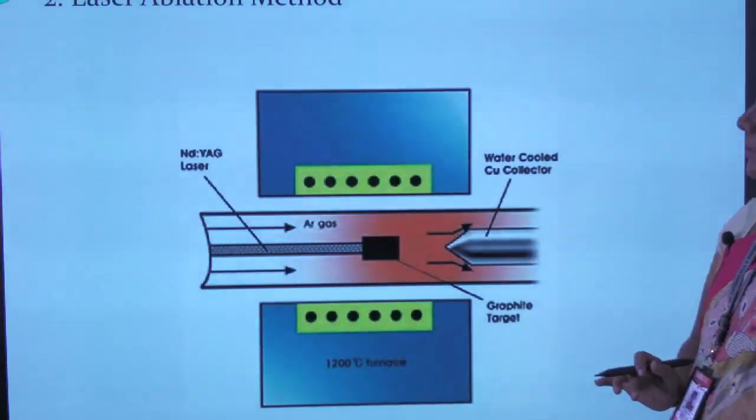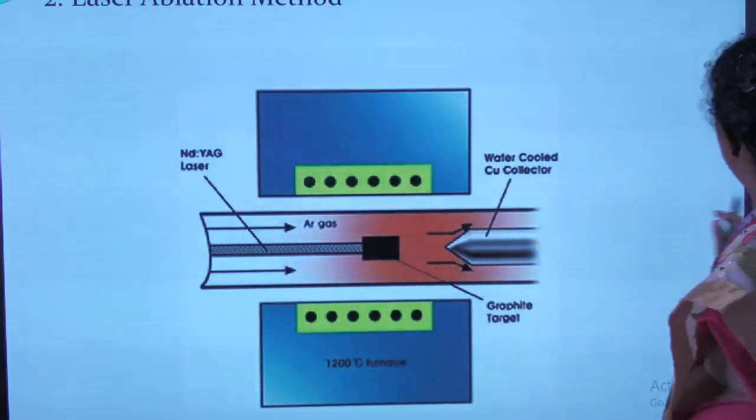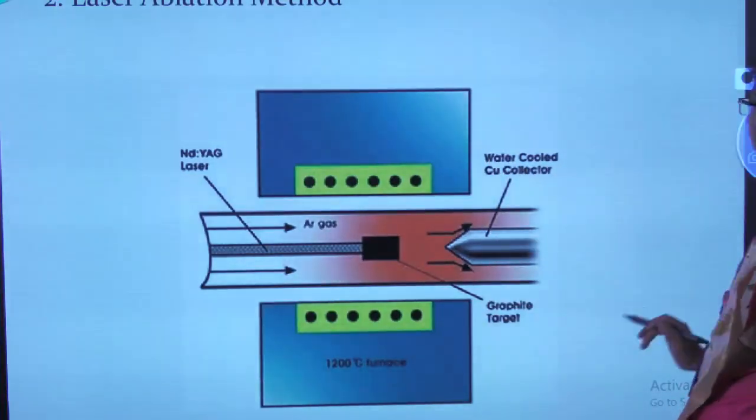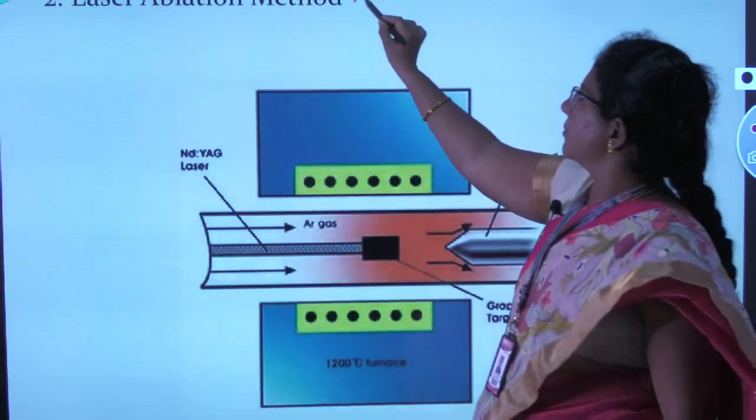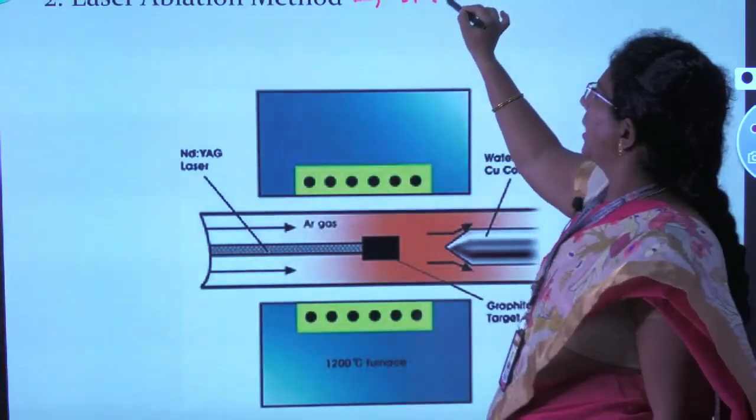Second method is laser ablation method. This method is mainly used to prepare single walled carbon nanotubes.